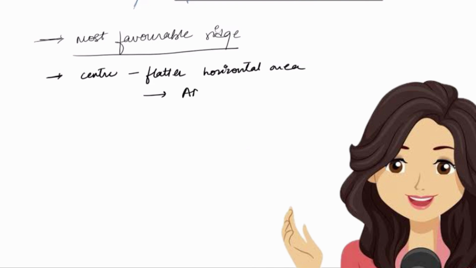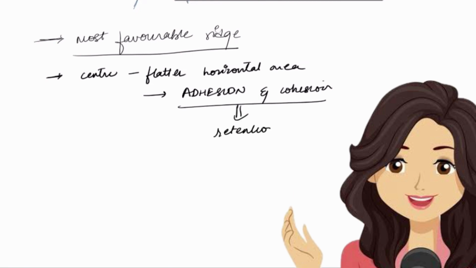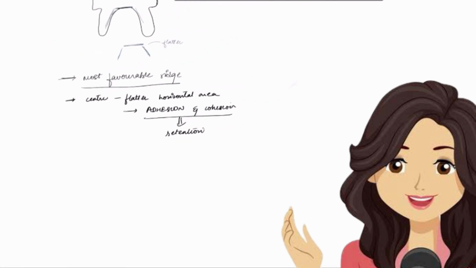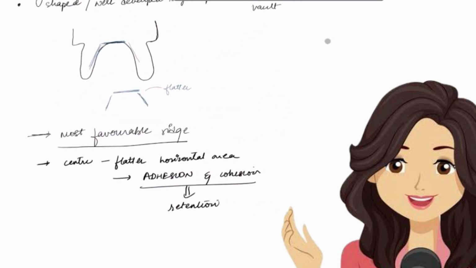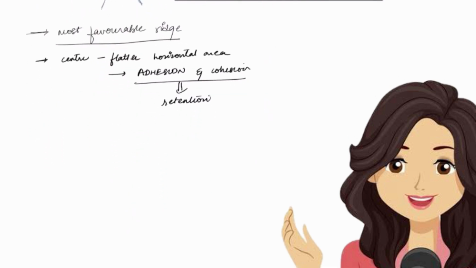It will give you something responsible for adhesion and cohesion, which is very important. Take a guess, which property? Retention. So you get a central flat area like this, right? Which gives you a surface area for good retention and adhesion.